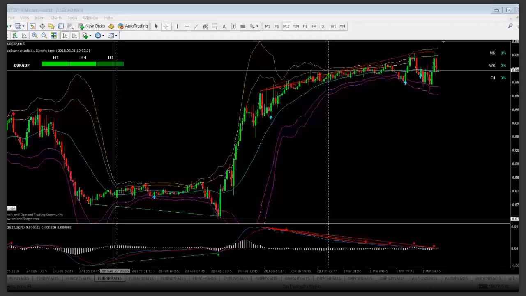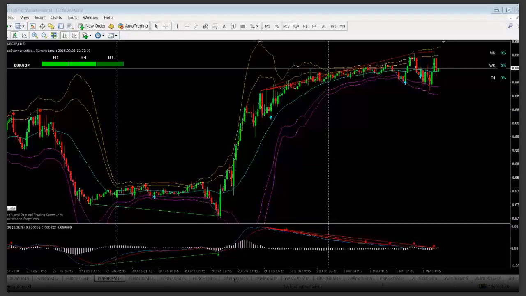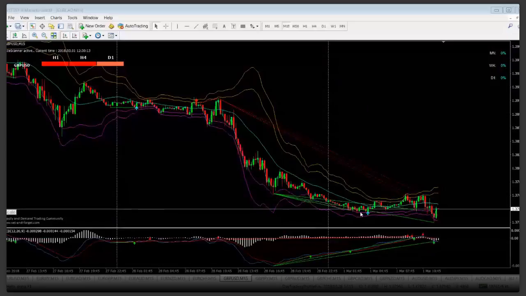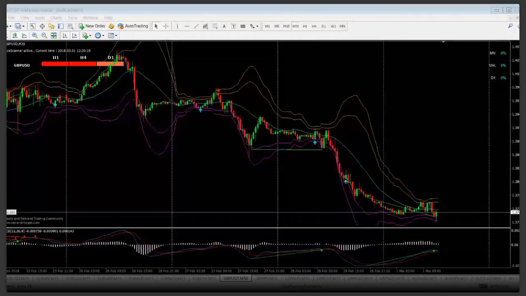Okay, bullish divergence in the British pound on the 30-minute chart and 15-minute chart.